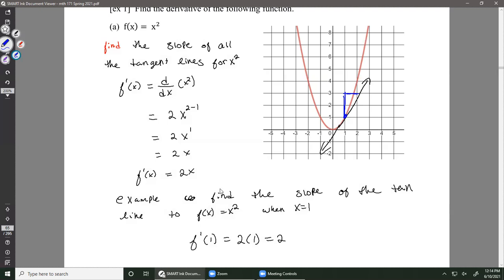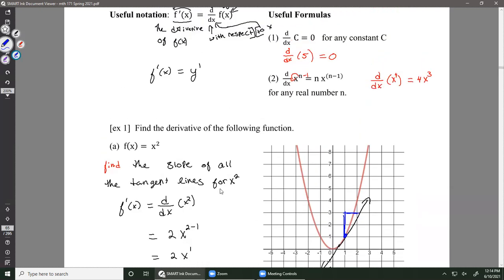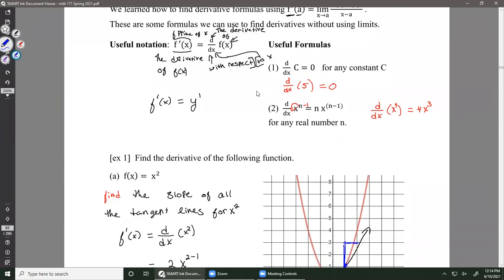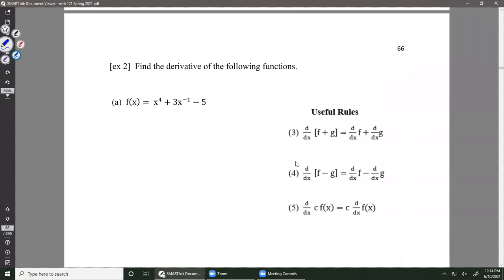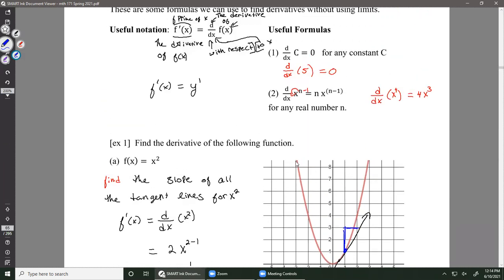All right, there's another rule that I want to tell you guys that a lot of people kind of make mistakes on. I'm going to write number 3 right below here. And that is if I take d dx of x to the first power. So if I have just x, what happens is that 1 comes down in front.